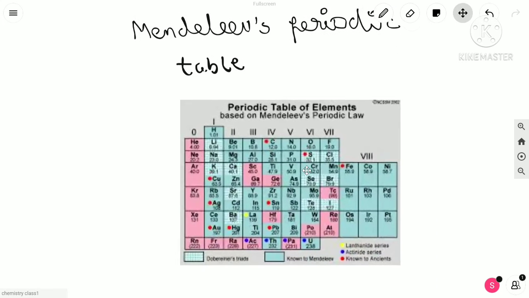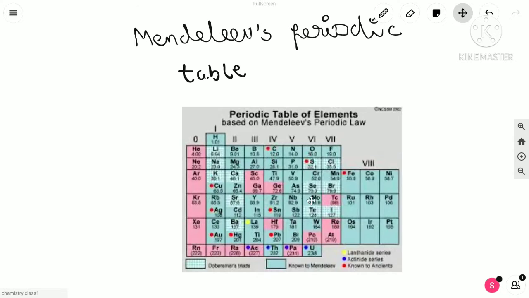Next, we have the Mendeleev periodic table. Mendeleev came very close to building a convenient periodic table. His periodic table is based on the idea that chemical and physical properties are periodic functions of atomic mass.